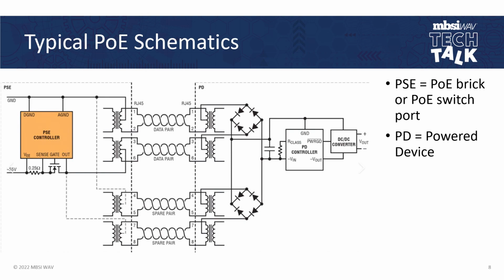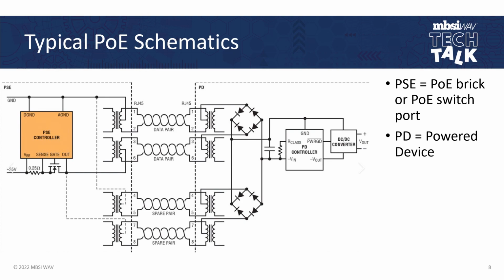In this case we're showing transformers, but it could be the center of a couple of opto-isolators. The data on each pair is the same polarity going to the other end, but we use 2 pairs to send the positive and the negative to the other end. We recover them with a diode bridge, usually in just a single integrated circuit, and then we recover that DC at the other end and have the voltage to power the device.